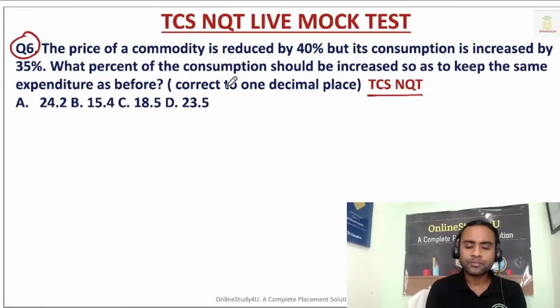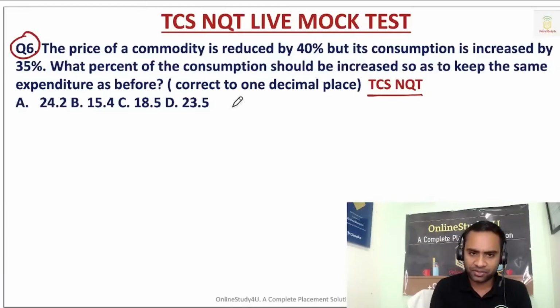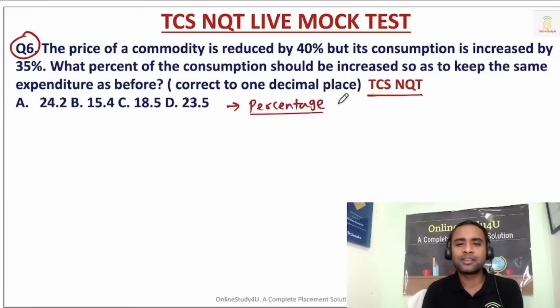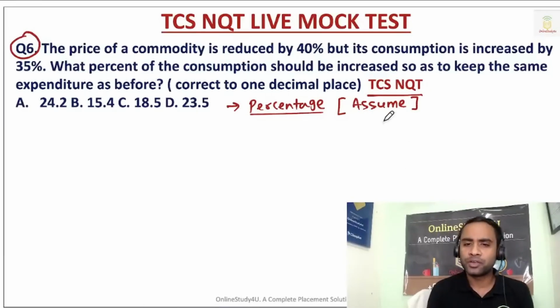Fine. So the price of a commodity is reduced by 40%, but its consumption is increased by 35%. The options are given in terms of percentage, so we can assume any value which we want. 1, 2, 3, 4, 5, 6, 10, 15, 80, 90, 100, whatever you want, you can assume.